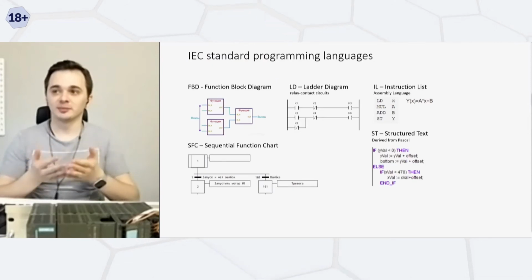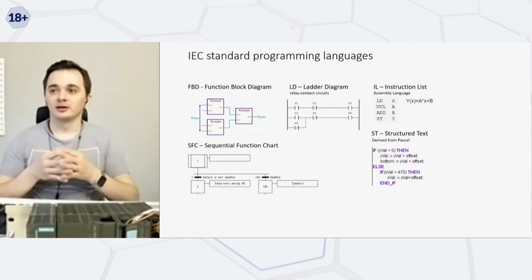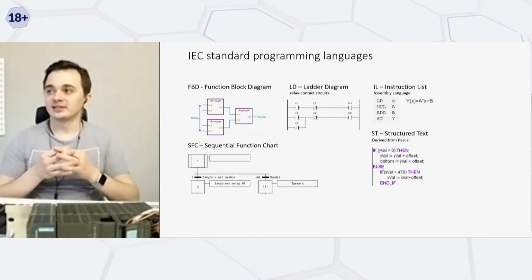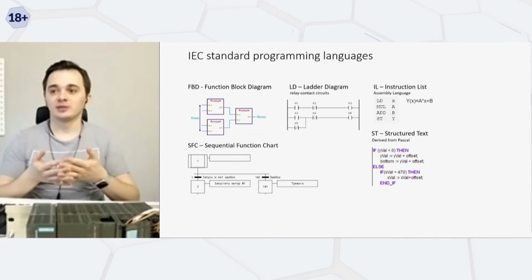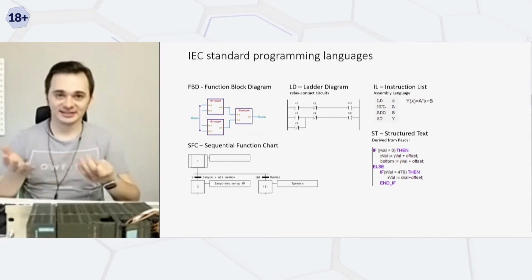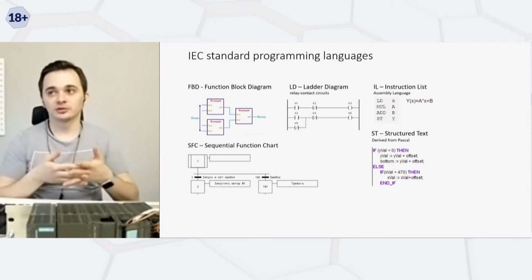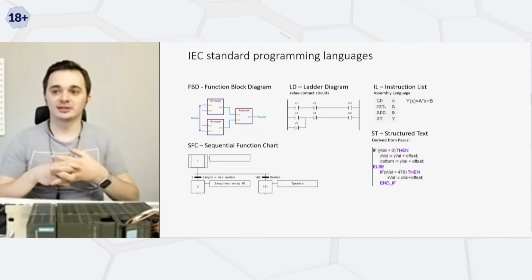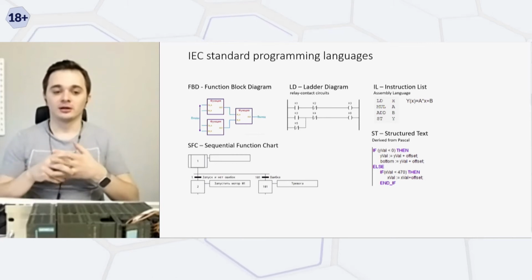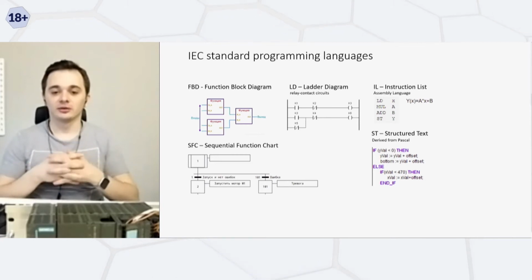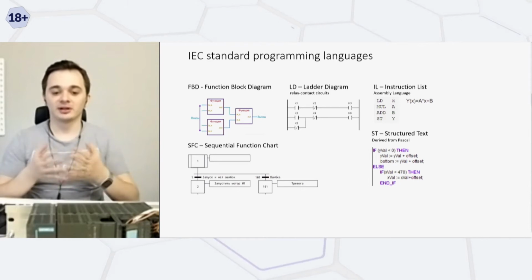The program is usually written with standard programming languages, and yes, they do not look alike, although the outputs, the results, are the same. You can program the same effect, the same output using different languages.